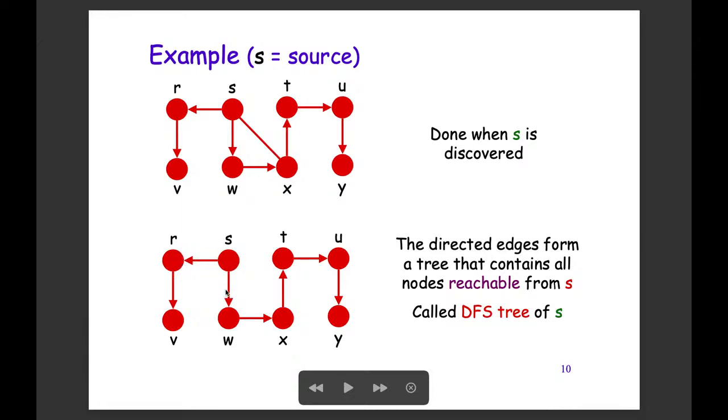It is from the node that discovered it. So in that case, we have a directed graph, rooted at S. And we call this graph a DFS tree of S.